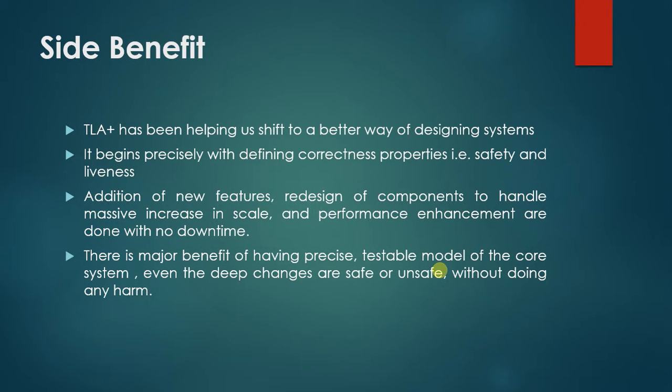The side benefits. TLA+ has been helping us shift to a better way of designing systems. It begins precisely with defining correctness properties, that is safety and liveness. Addition of new features, redesign of components to handle massive increase in scale, and performance enhancements are done with no downtime. There are major benefits of having a precise testable model of the core system. Even deep changes can be judged safe or unsafe without doing any harm.